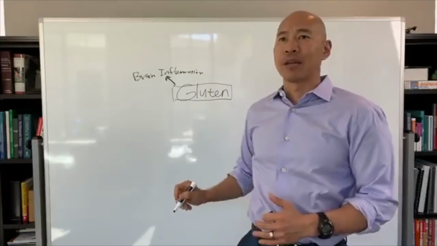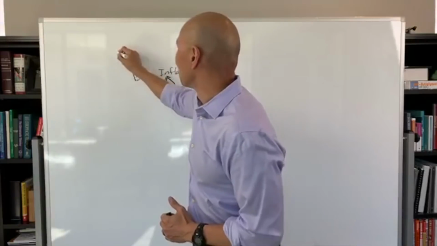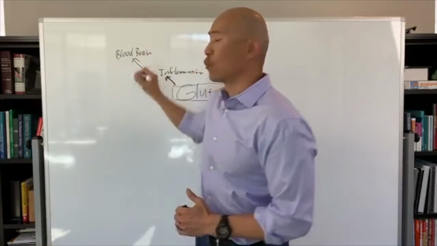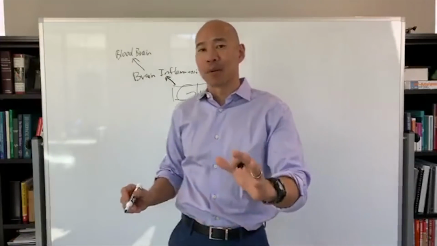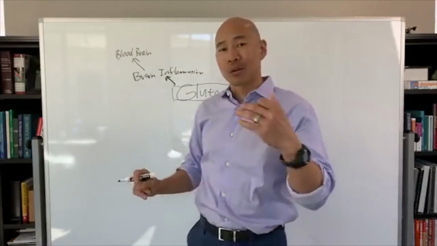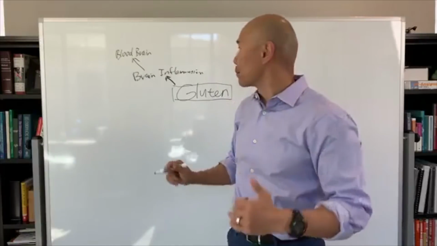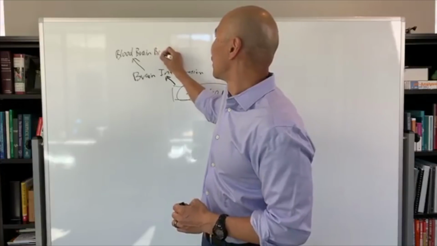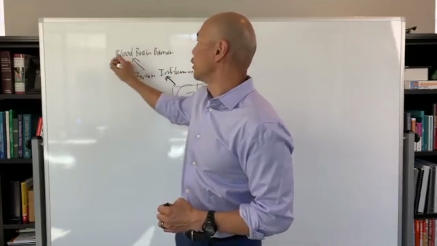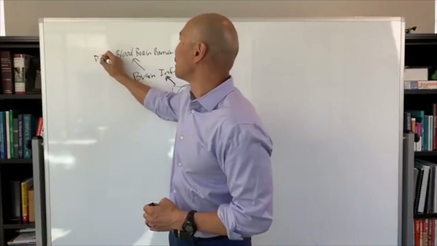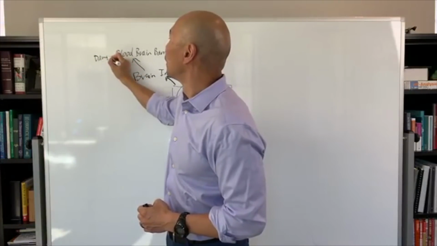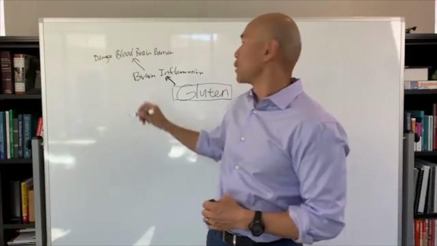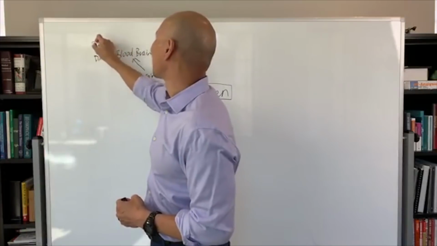And when you have brain inflammation, this is going to lead to blood-brain barrier damage. Again, we talked extensively about the blood-brain barrier and what microglial activation and inflammation do to it. So definitely go catch up on those past few episodes. So you're going to damage the blood-brain barrier. And when you damage the blood-brain barrier, you're going to lead to this inflammatory response.